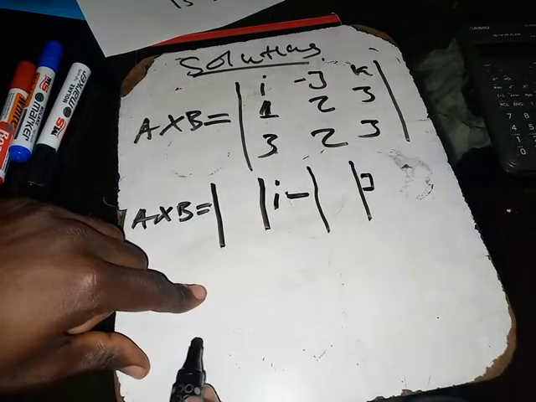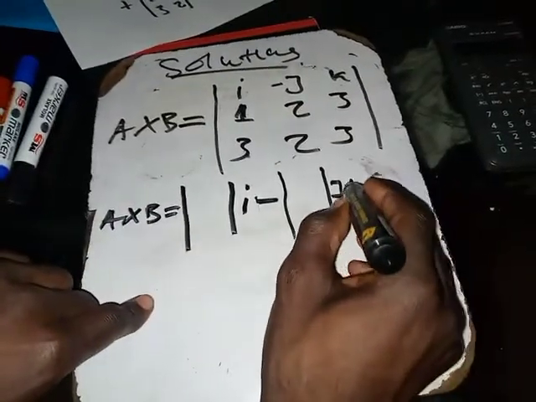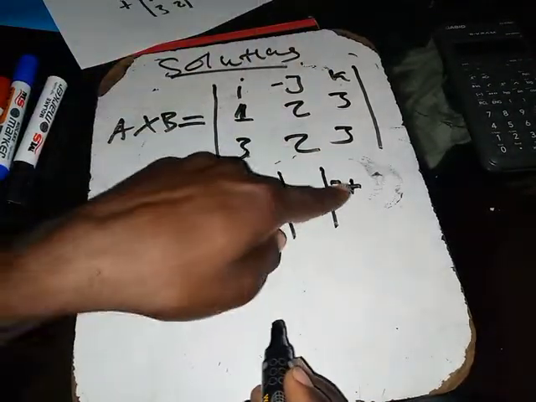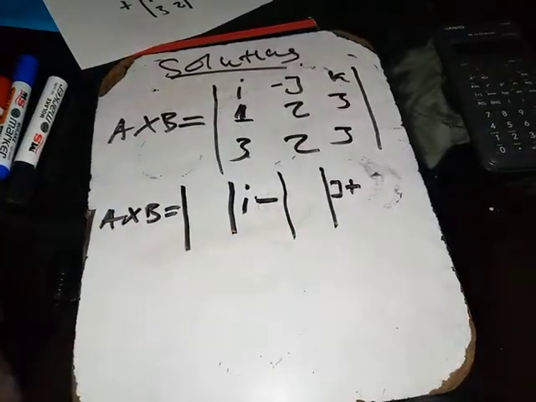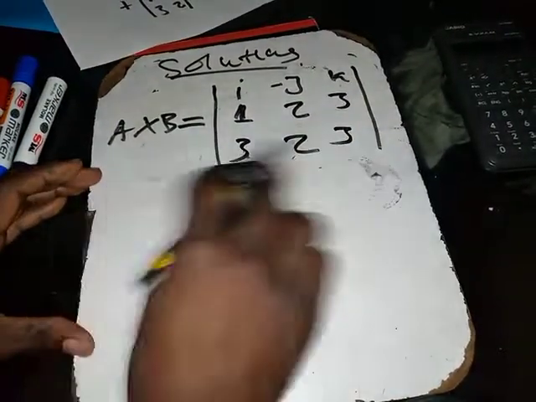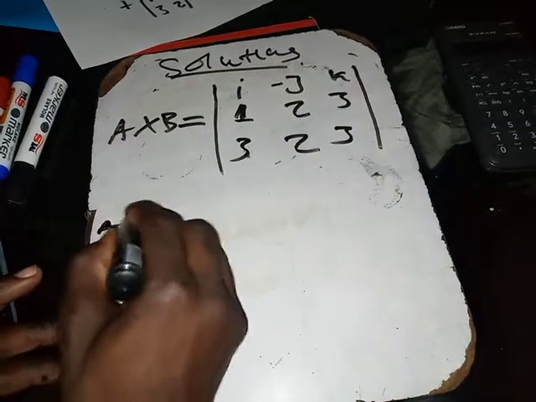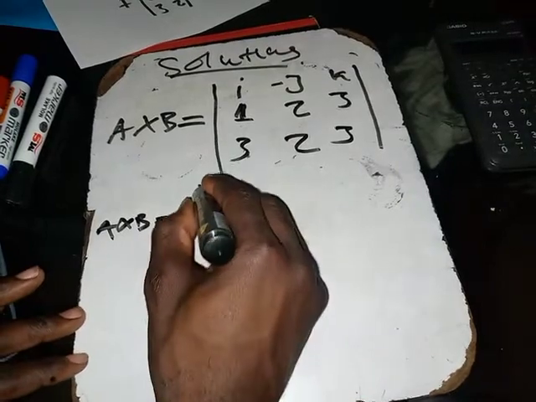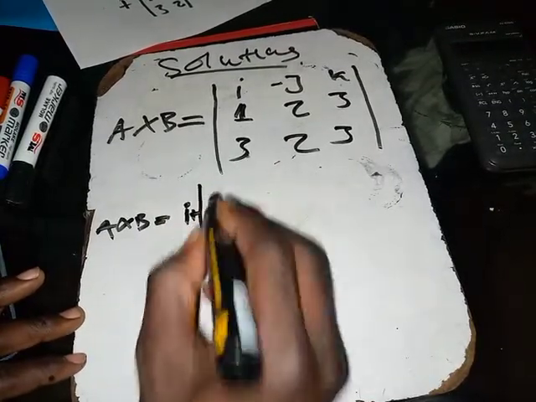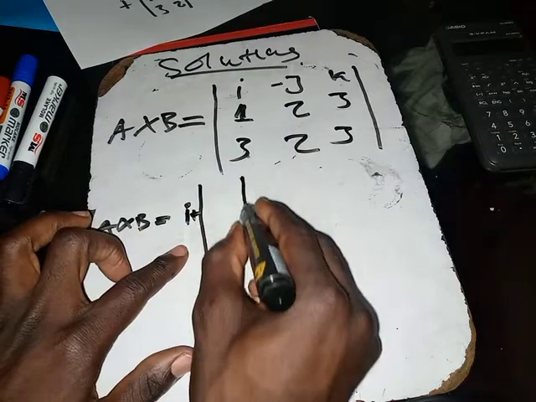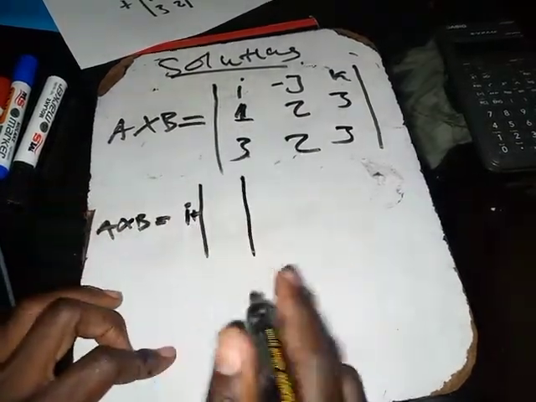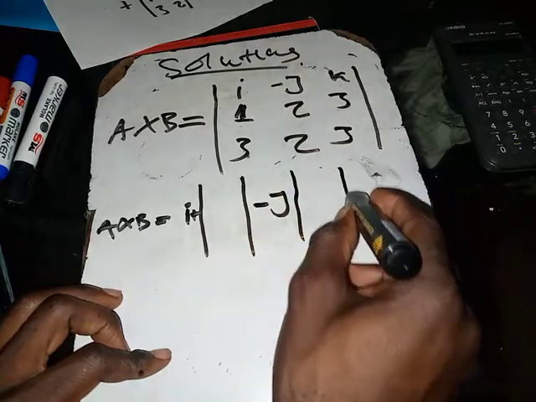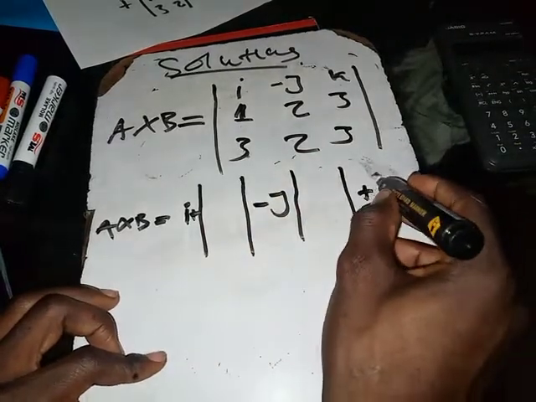Then plus, this plus is for k and not j. Let me not confuse you, others might get confused. So a times b equals i in plus sign, then negative j, then plus k.